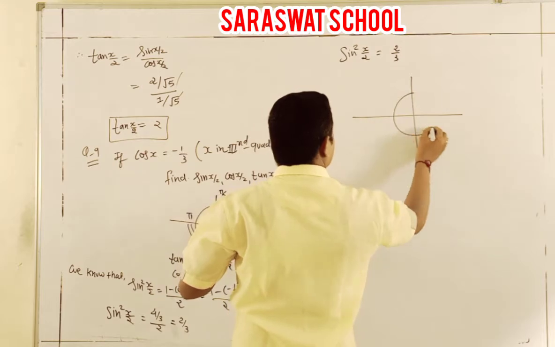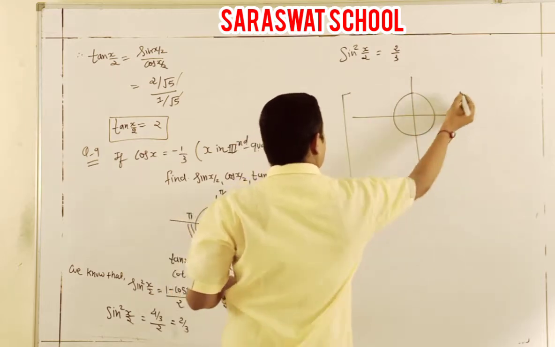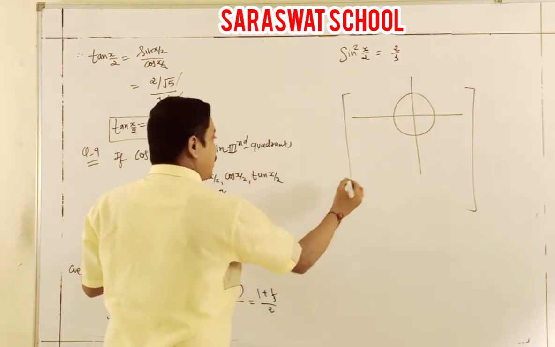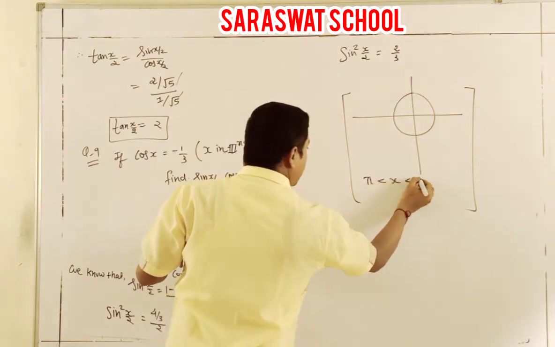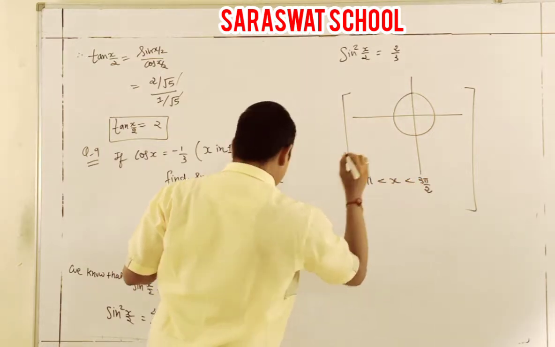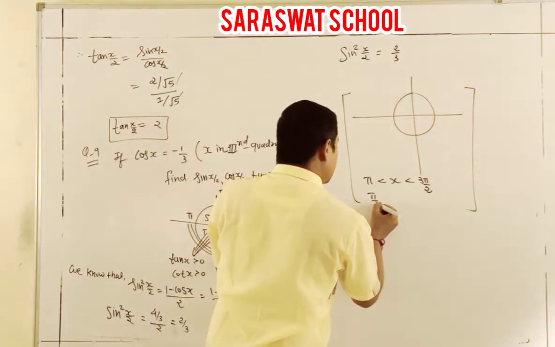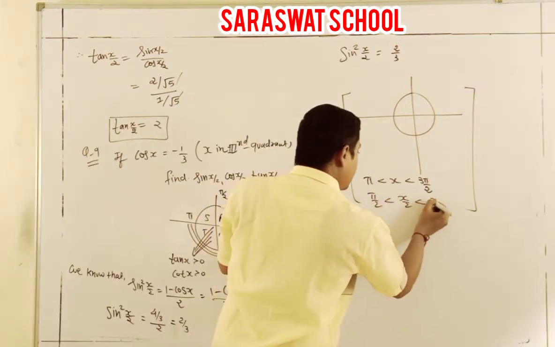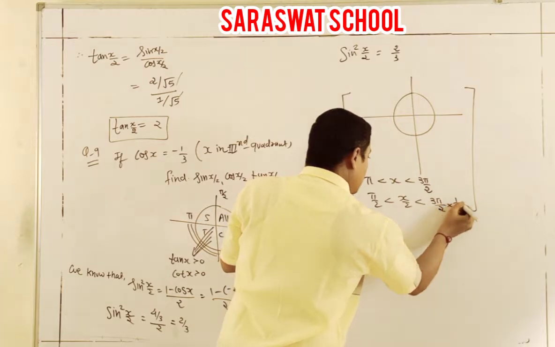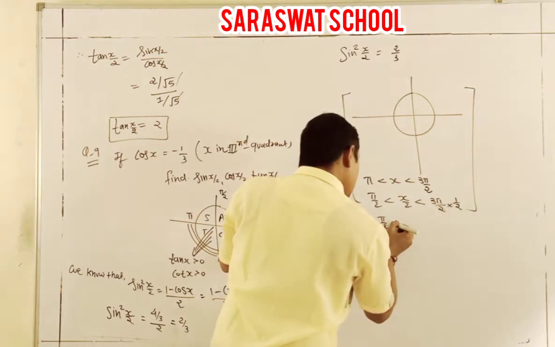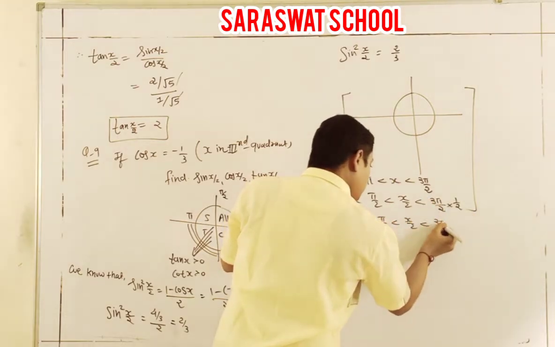X is between pi by 2 and 3 pi by 2, sorry, but I want x by 2. So dividing by 2 here and here also dividing by 2. My answer is 3 pi by 4.